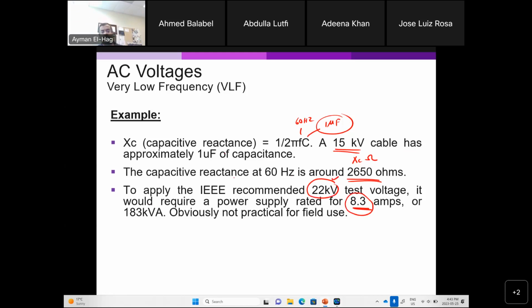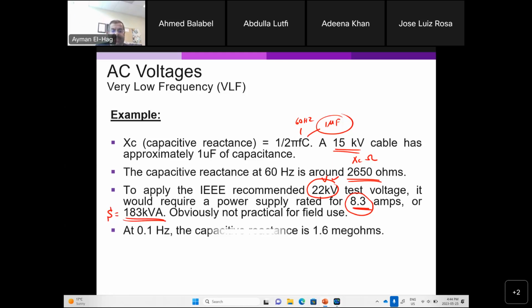To be able to supply this, you multiply V times I. This is your S, which is equal to 22 kilovolt times 8.3. That is a huge 183 kVA. Your supply will be very high. I can have such a supply in the lab, but not in the field, because how to move that?